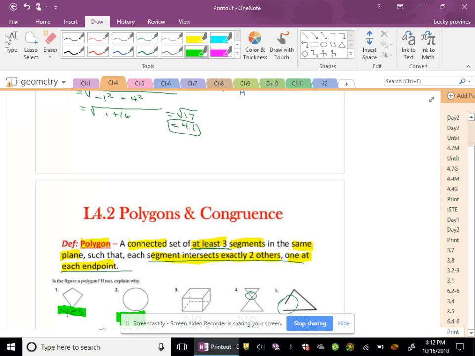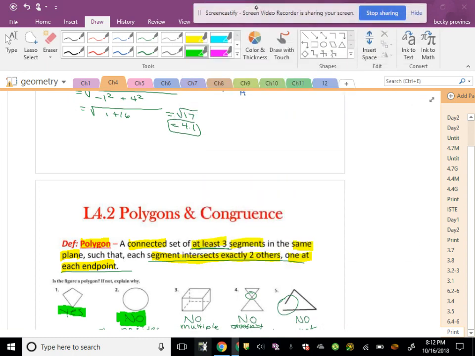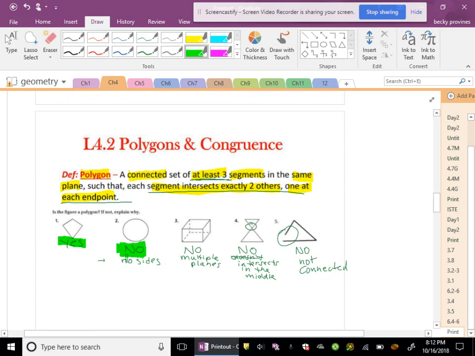So what's wrong with number 3? Ooh, I can move that. There we go. Number 3 is in multiple planes, and up here it says they need to be in the same plane. So 3D objects don't really work.